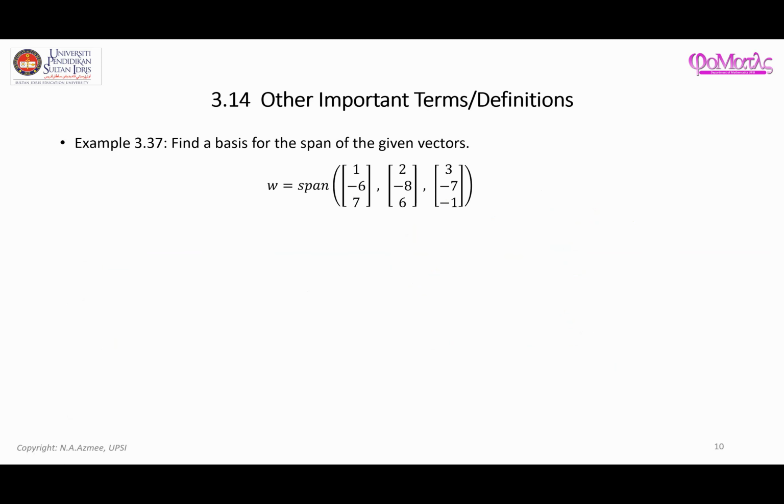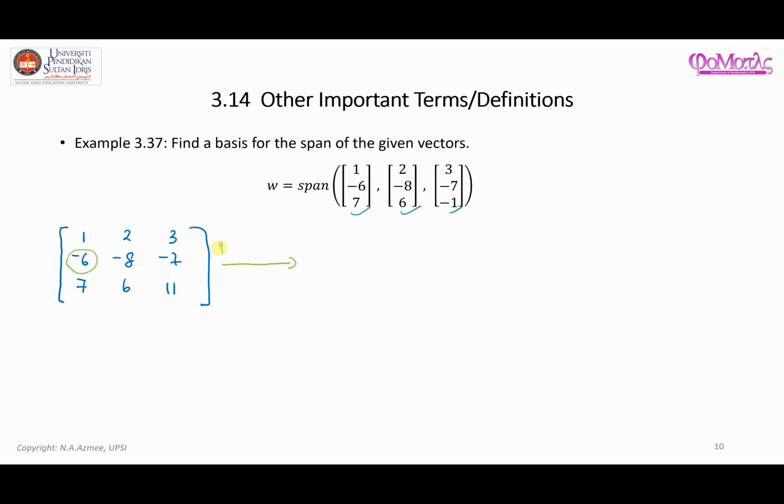So we have a span of these 3 vectors, which you can combine all together into matrix A. This is how the matrix looks like: 1, -6, 7, 2, -8, 6, 3, -7, 11. The first step is to change this to 0.